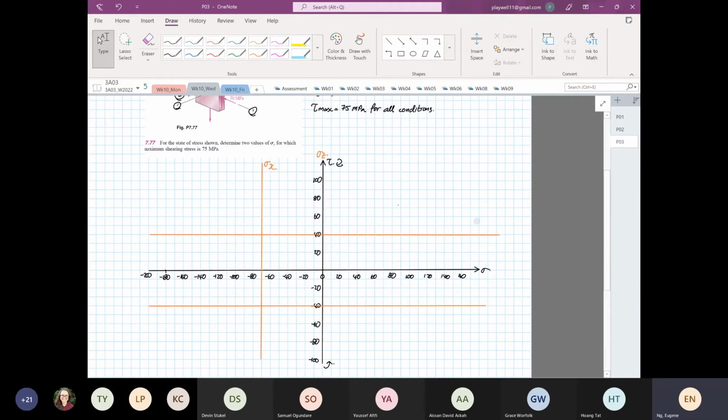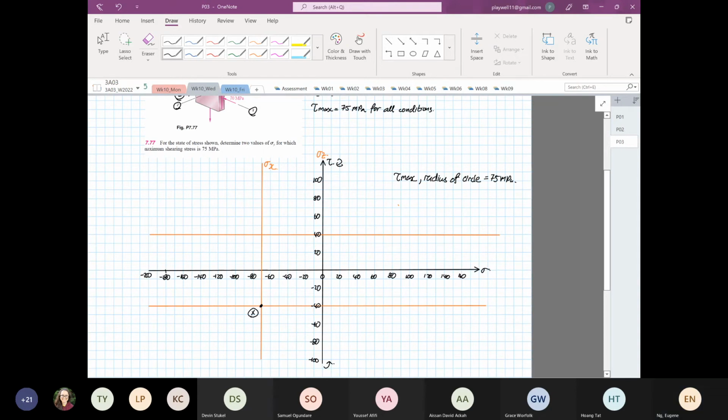Okay, so this is our point X. So what we are given over here, we are going to solve this by using tau max, which is the radius of the circle, is equal to 75 megapascal.